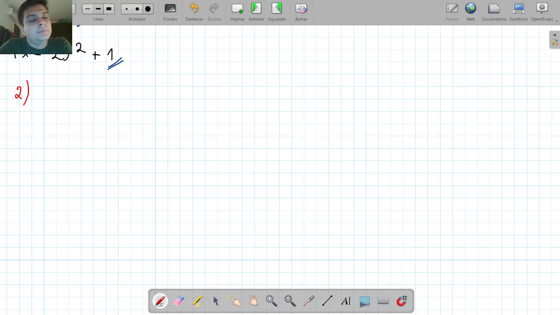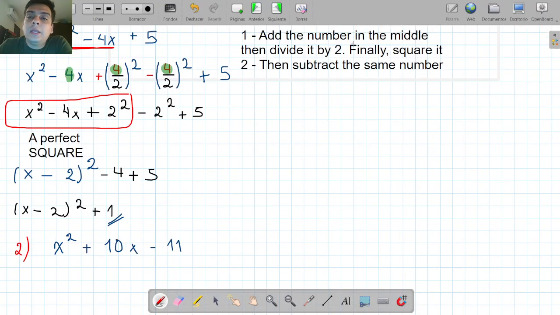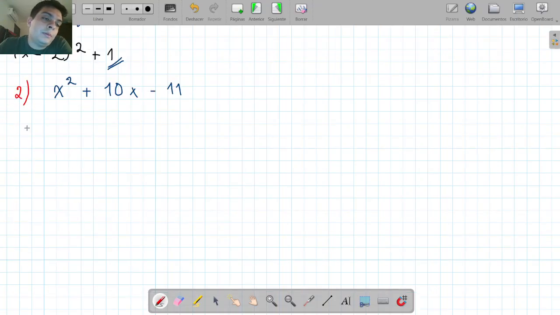Number 2. Here in number 2, let's say we have x to the power of 2 plus 10x minus 11. So we are going to follow the same rules. Add the number in the middle. Okay, we copy this.